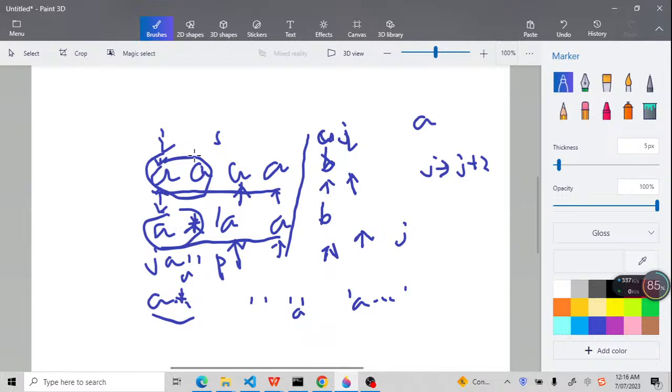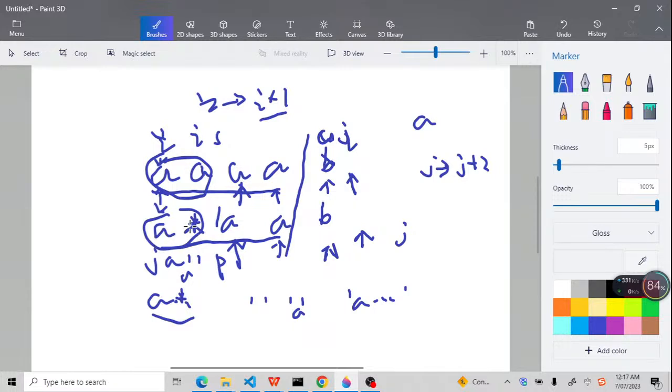So the I will move to the next place, but J will stay here. Because A and star can represent as many A's as possible, we just want to meet the condition. So I will move to the next. So I, here is another formula. I becomes I plus 1.